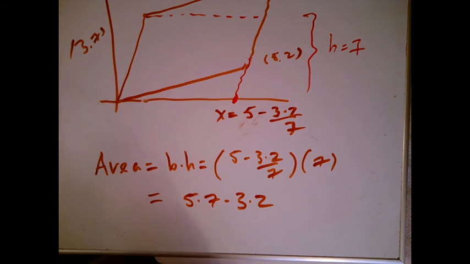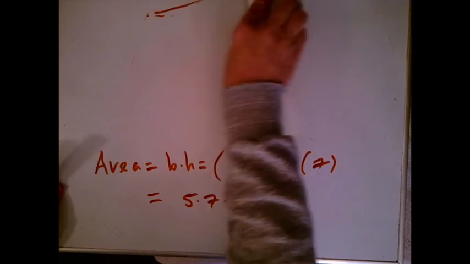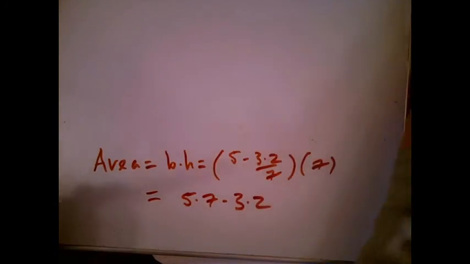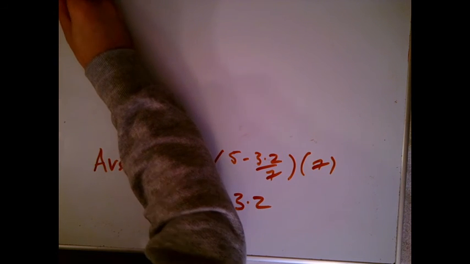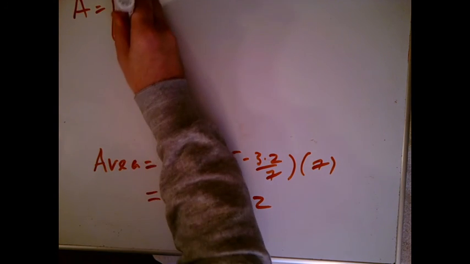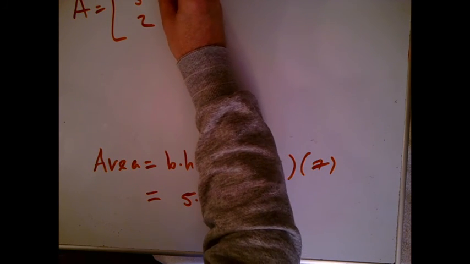Now, let's go back to the very beginning of the problem, because the idea was we were starting with a matrix whose columns were (5, 2) and (3, 7).